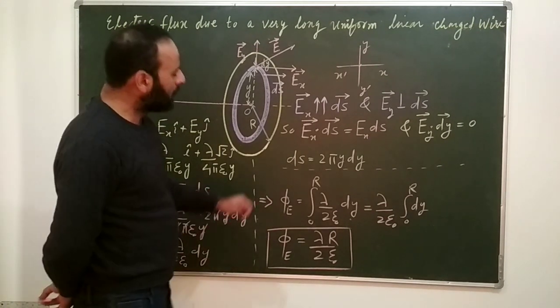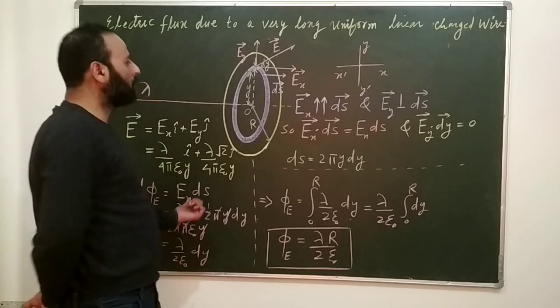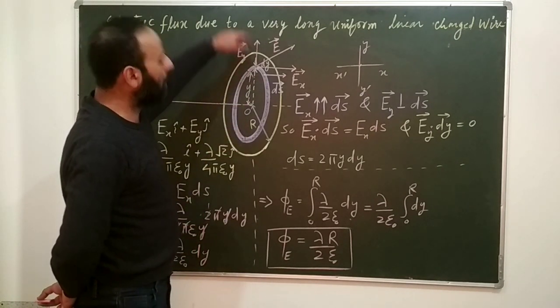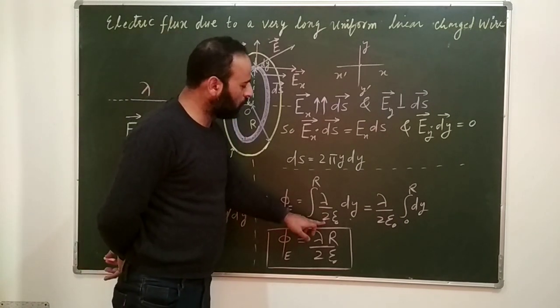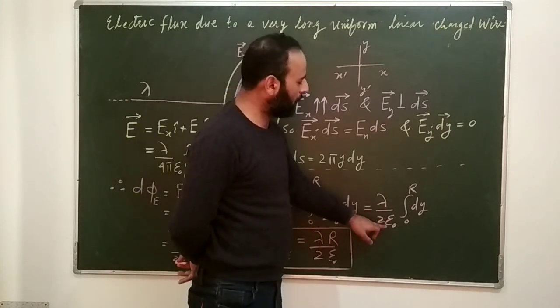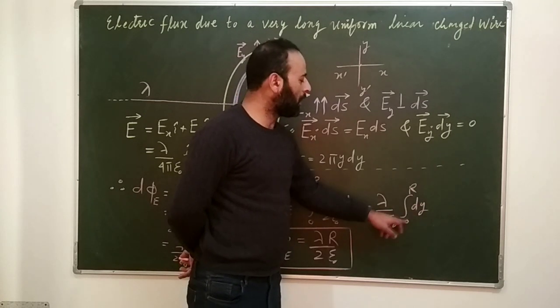This gives us the total flux, which is the integral of these small differential fluxes from 0 to the radius of the ring. So that is the integral from 0 to r of lambda divided by 2 epsilon naught dy, which comes out to be lambda divided by 2 epsilon naught, then the integration of dy from 0 to r.